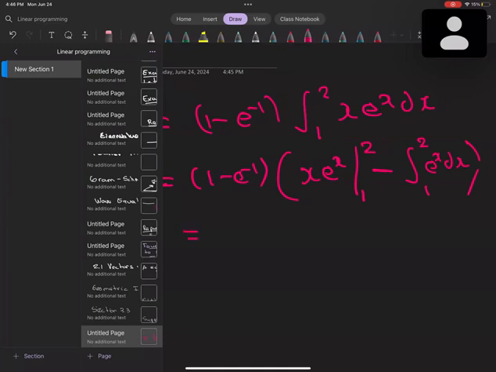Now you evaluate, you get 1 minus e to the minus 1. You plug in 2: e to the 2 minus e to the 1, minus the antiderivative of e to the x, which is e to the x, between 1 and 2.